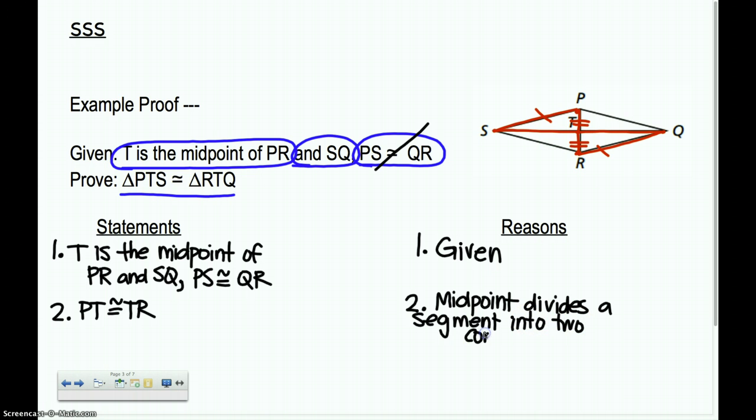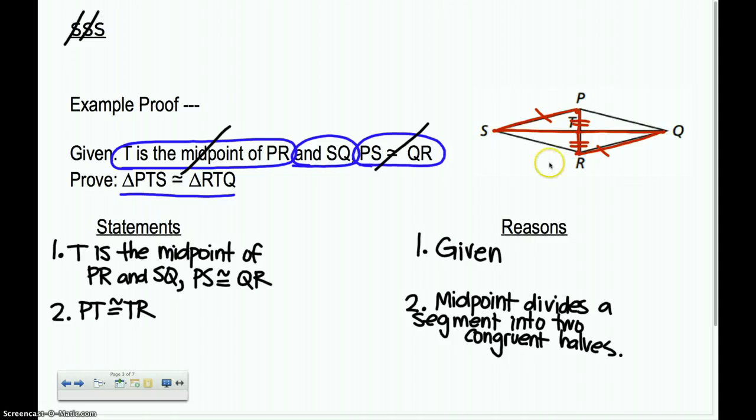That's what a midpoint does, it divides it into two congruent halves. Okay? We've used the second piece of information to show a second pair of sides congruent. We've hit side, side, right? We could almost cross these off. We've hit side, we've hit side. Beautiful. We got one more to do.